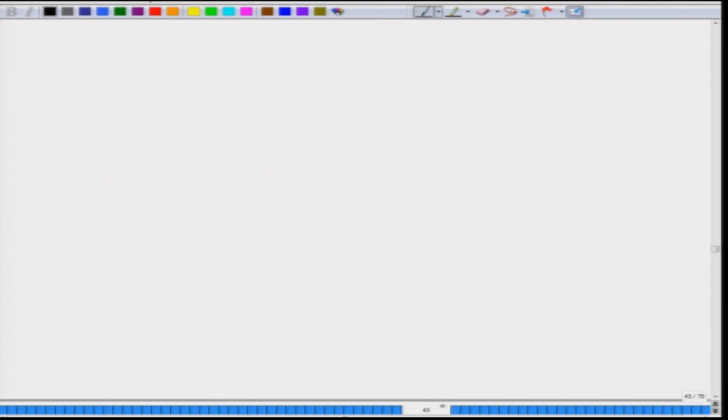So, some examples with the root test. Now, let us look at the series summation of (n/(n+1)) to the power n squared. This looks scary.